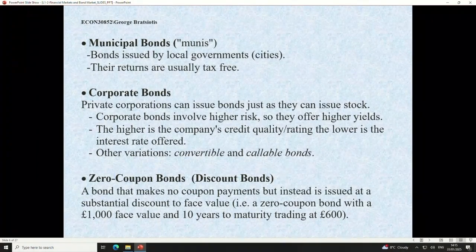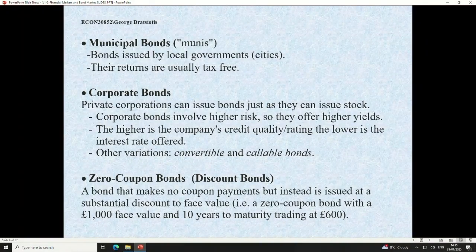And then there's a zero coupon bond. This is where you get no interest at all. So you might say, why on earth would you hold such a bond? Well, zero coupon bonds are usually also called discount bonds. Why?